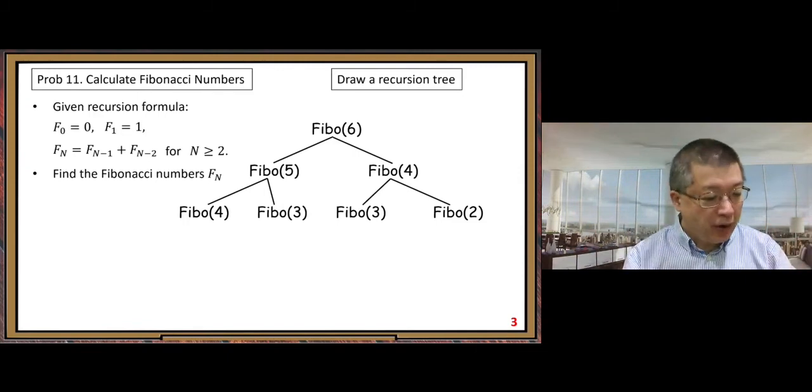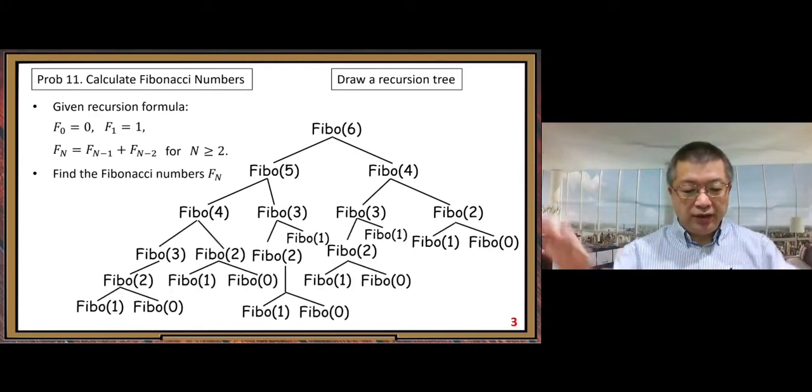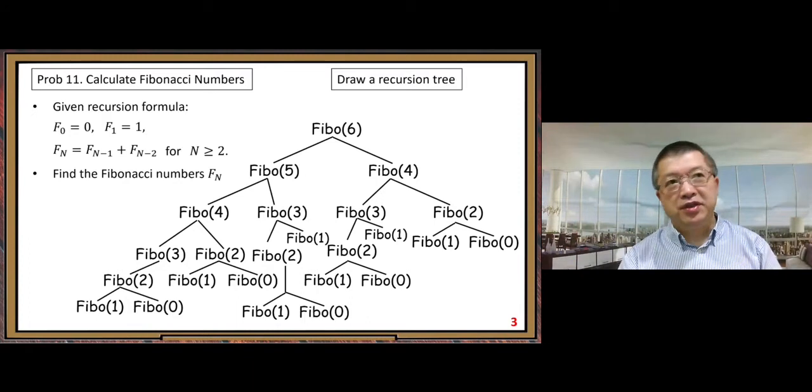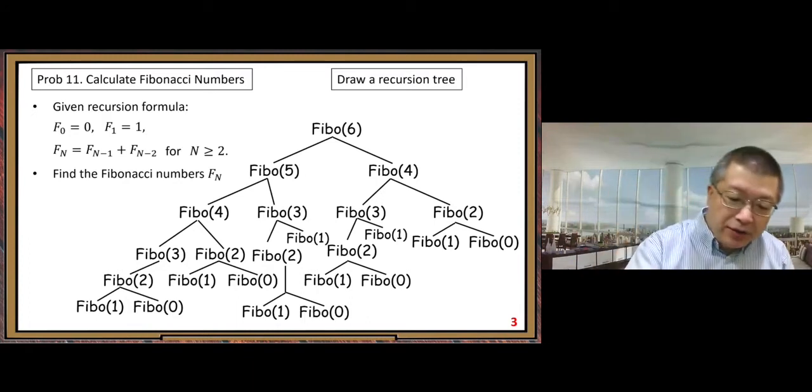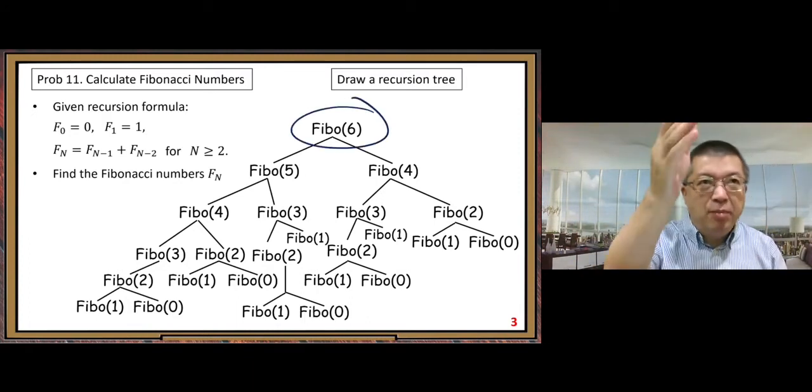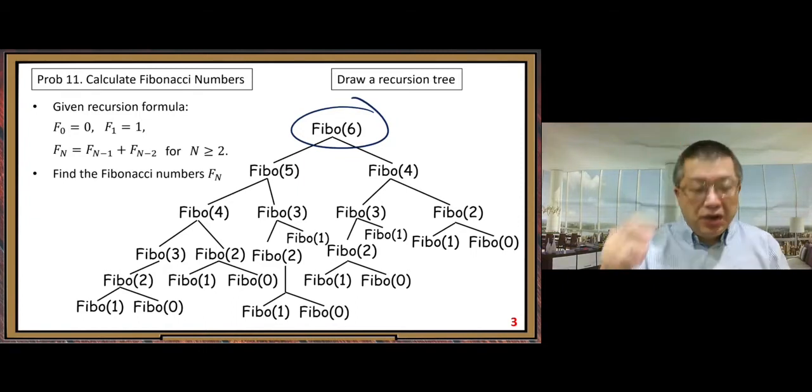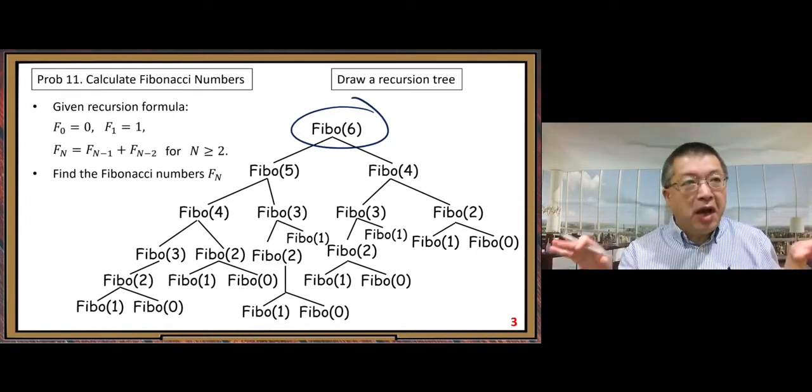So we grow our tree into a pretty big tree. You can see, in order to calculate just one Fibonacci number, you need to do so many calculations.